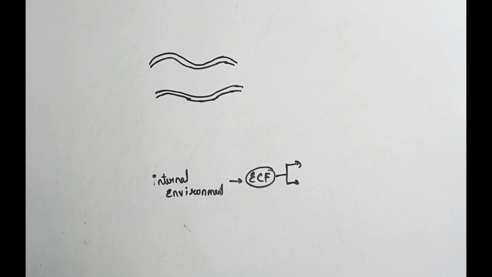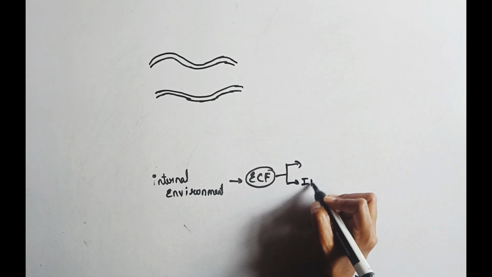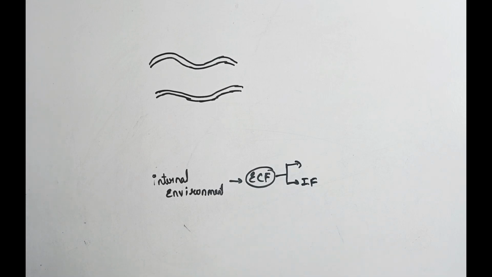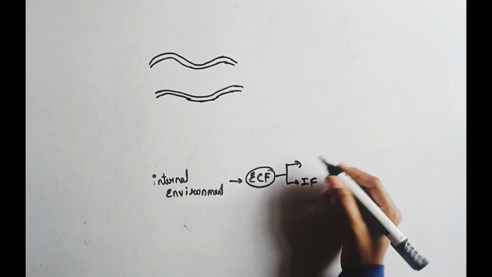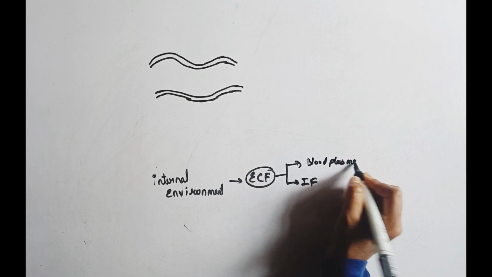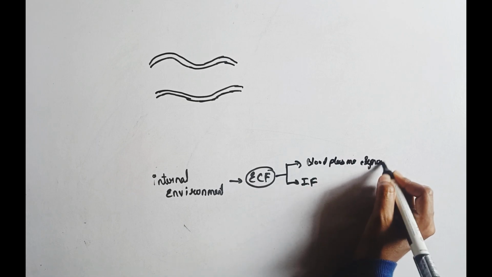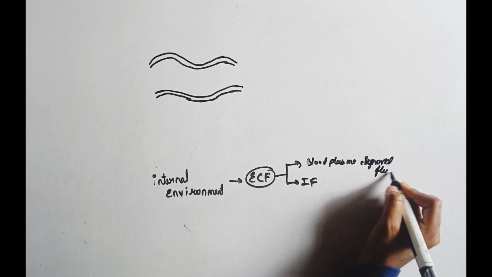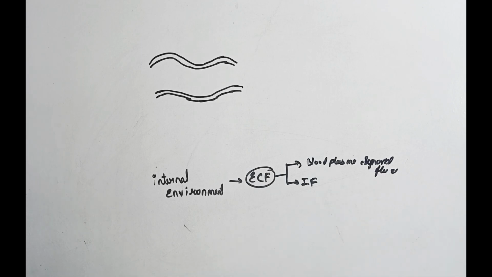The fluid present between the cells is called interstitial fluid, and the fluid surrounding the cells is called blood plasma, lymph, synovial fluid, cerebrospinal fluid, etc. These are the extracellular fluids.